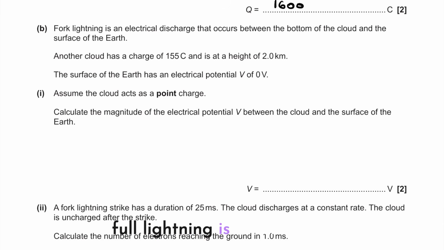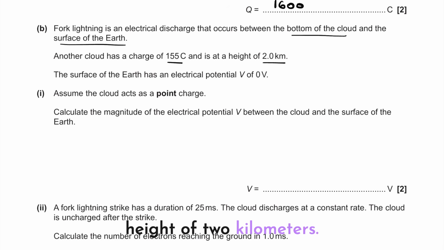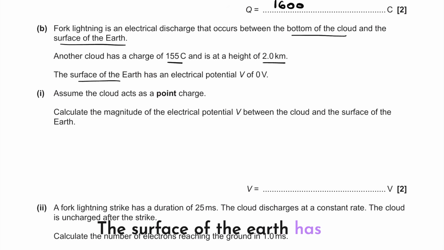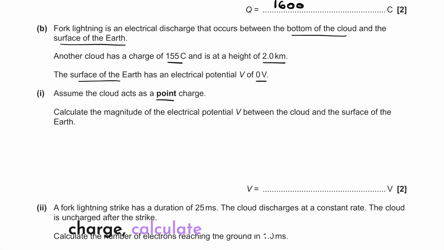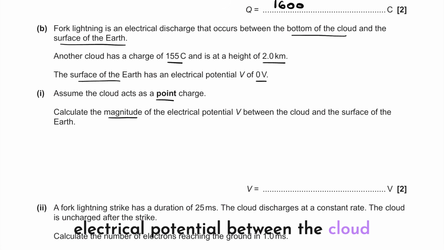Fork lightning is an electrical discharge between the bottom of the cloud and the surface of the Earth. Another cloud has a charge of 155 coulombs and is at a height of 2 kilometers. The surface of the Earth has an electrical potential of 0 volts. Assume the cloud acts as a point charge. Calculate the magnitude of the electrical potential between the cloud and the surface.